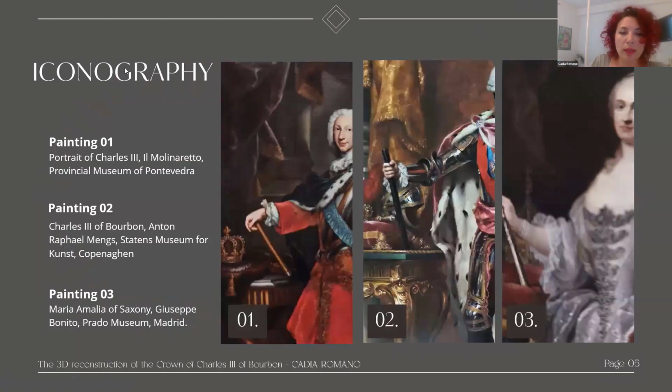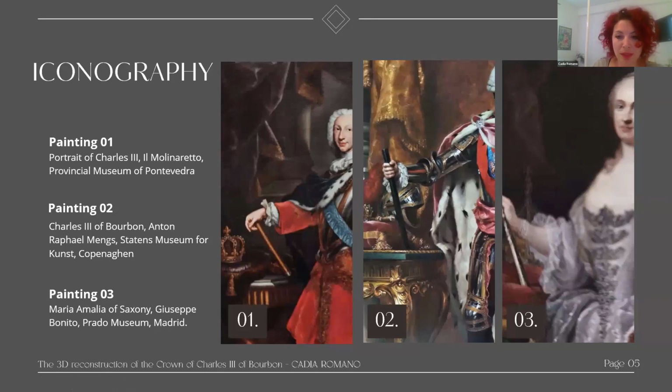As I said before, if we analyze all the paintings and the iconography references that we have, we can see that in the background we always have the crown of Charles III, but they are always different, bigger, lighter, with pearl, without pearl, only in gold and silver, with the globe, and at the end of the globe, on the top, a diamond cross. In this case, we have the fleur-de-lis, the flower of the Medici house.